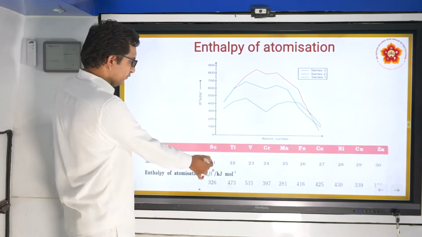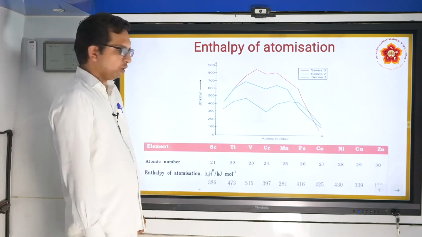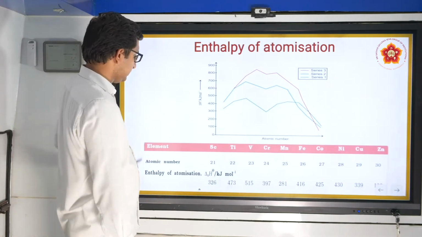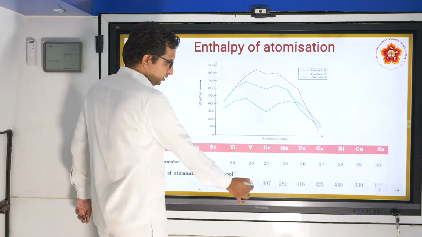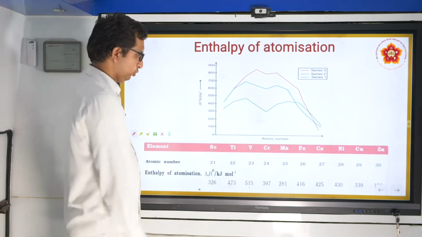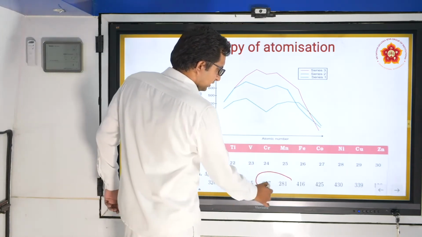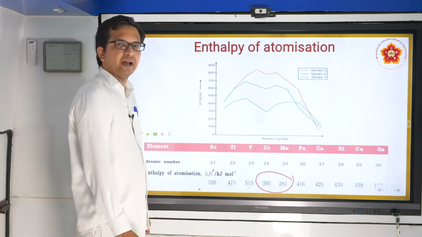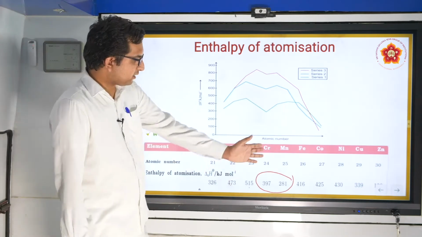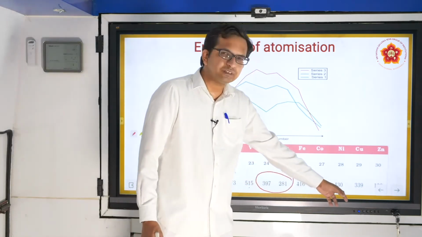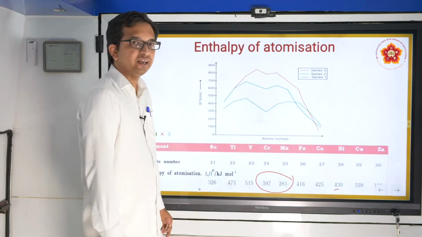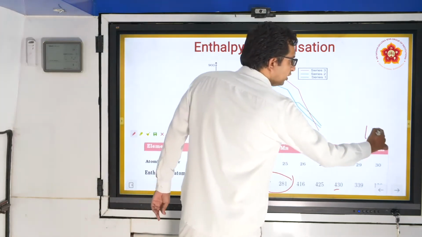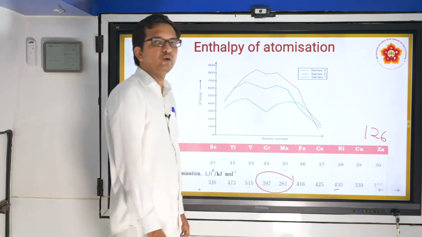The value says that for scandium it is 326, slowly it is rising above to 473, that's nice. Once again there is a rise to 515, but you see that there is a good amount of decrease at chromium and manganese. Again there is an increase, a minimum stability which is seen, but finally copper is coming at 339 and for zinc the value suddenly decreases to 126.